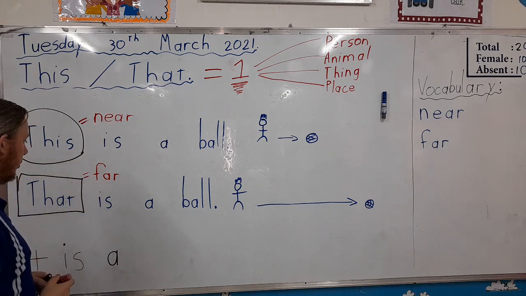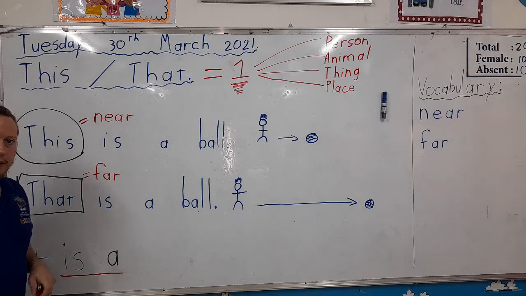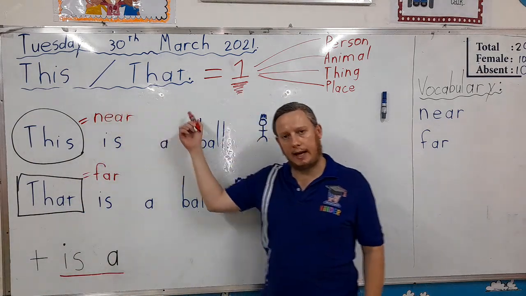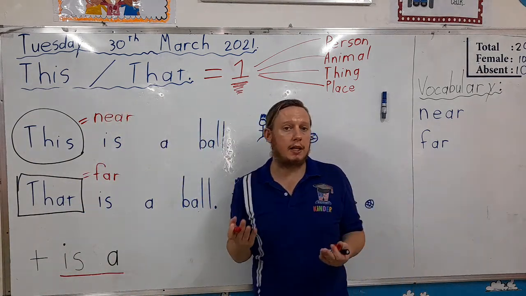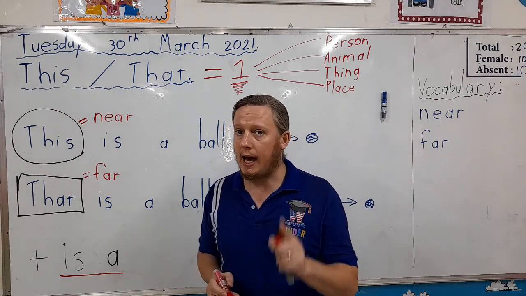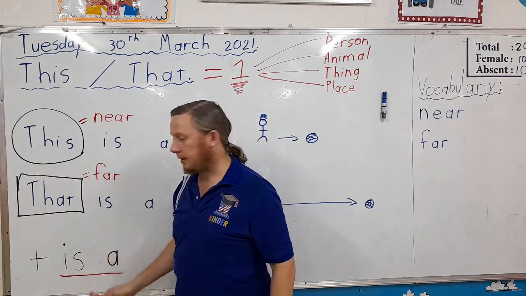The last piece, rule number 3, these 2 words is the best friends for this and that. If we are speaking, or if we are reading, or if we are writing, it does not matter. After the word this, you will have is.